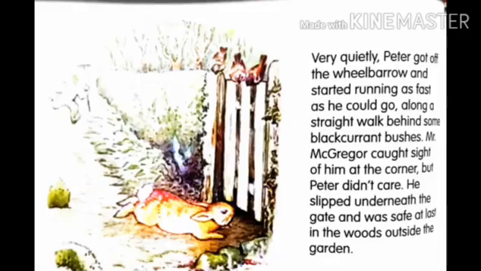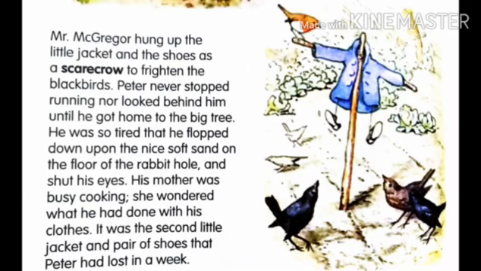Now next, what happened? Mr. McGregor hung up the little jacket and the shoes as a scarecrow to frighten the blackbirds. Do you know what a scarecrow is? Normally we call it in Telugu Dishti Bomma. It is used to scare, and scare means to frighten the crows.